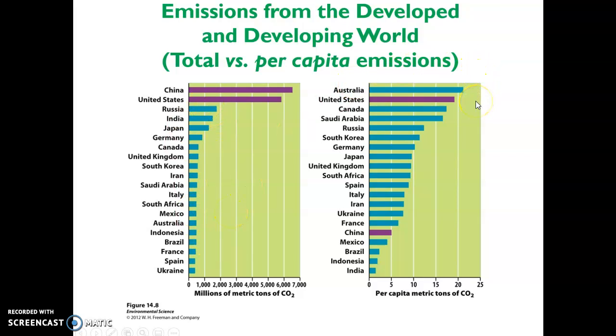On the right here, we have a graph that shows CO2 emissions per capita, so that's per person. So in Australia, which was way down here on the amount produced by the whole country, the amount produced per person is very high, with the United States coming in second, Canada, Saudi Arabia, and other developed countries being quite high in the per capita emission of CO2.